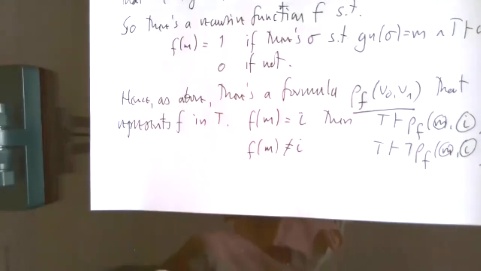But now from this rho, we can get a formula that defines the set of theorems of T. And then we're close to our contradiction.